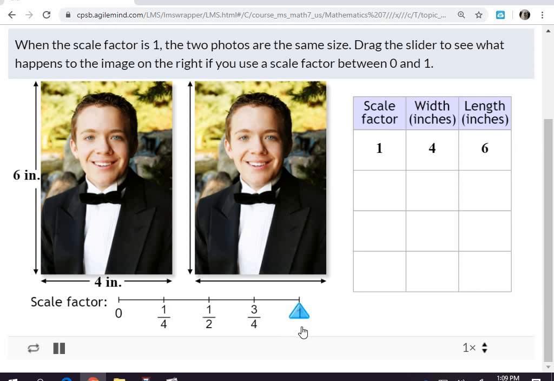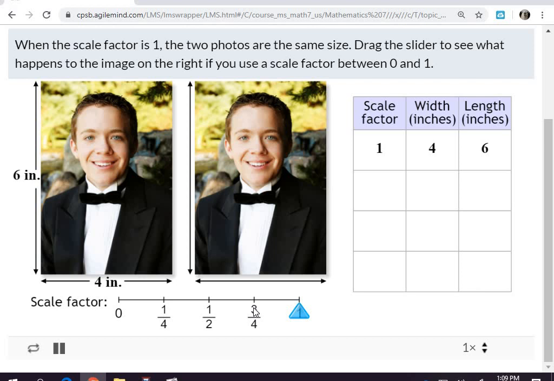Fractions. Okay? So, here was a 4 by 6. Scale factor was 1, meaning I multiplied the width by 1 and the length by 1. Did it change it any? No. So when I slide this to 3/4, what do you think is going to happen?